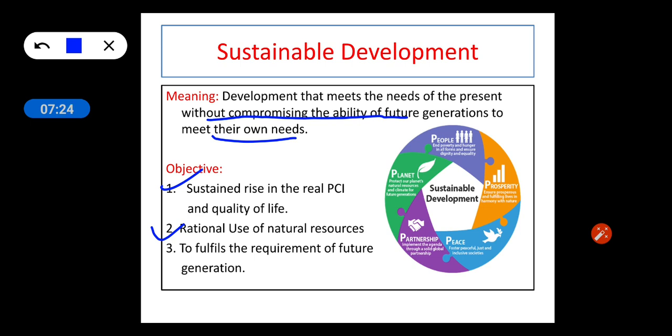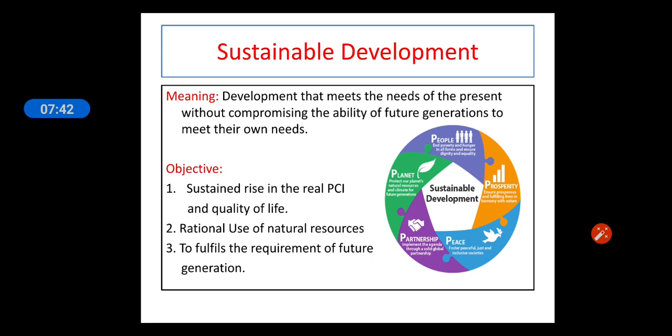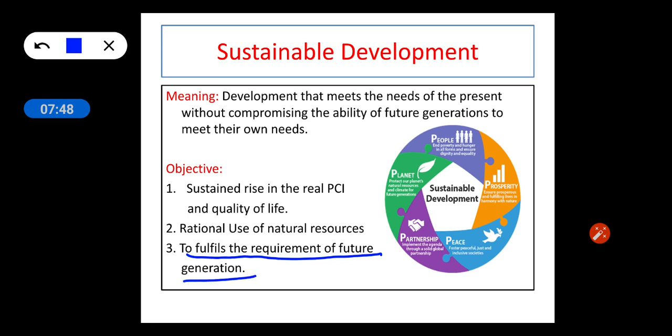For example, petroleum and coal. So we need to use these resources carefully. We should avoid wastage of these resources and preserve them to fulfill the requirements of future generations.